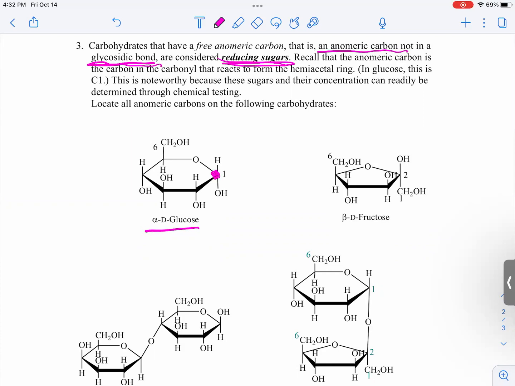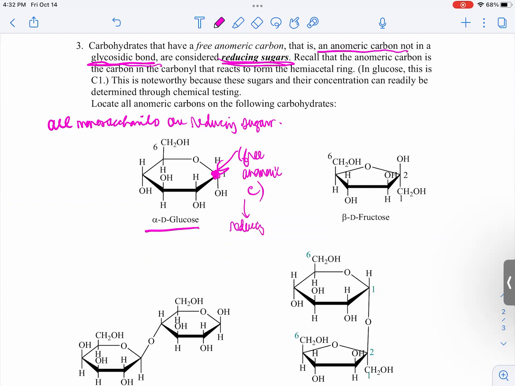It's free because all monosaccharides are reducing sugars. So this is a free anomeric carbon, so it is a reducing sugar. It's a monosaccharide, so you know that.